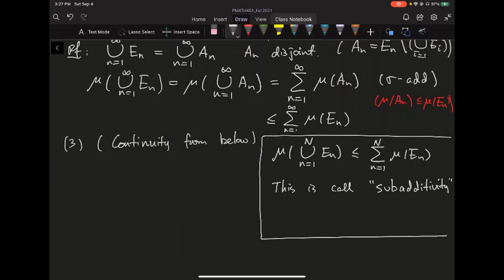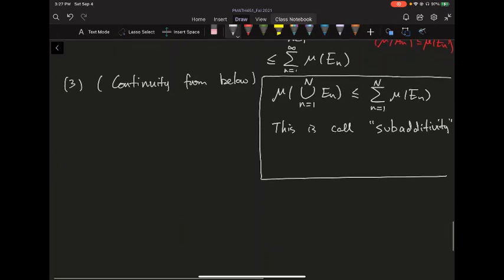Anyways, let's continue. So the third property I'd like to go over is something we call the continuity from below. So what do I mean by that? Suppose you have a bunch of sets, say E_1 contained in E_2, so you have a chain of subsets, an increasing chain of subsets.